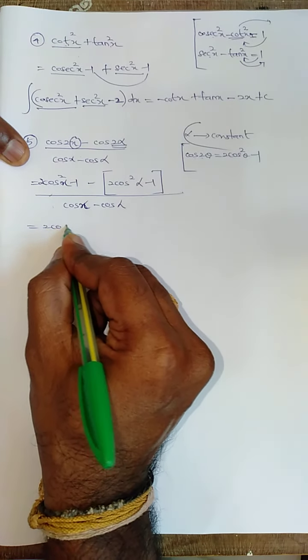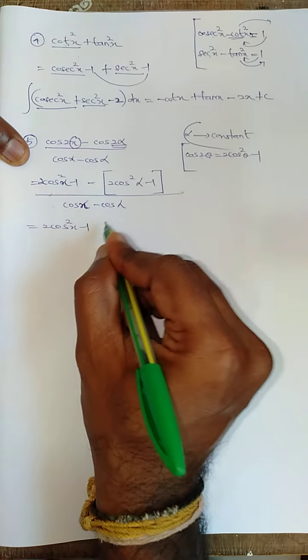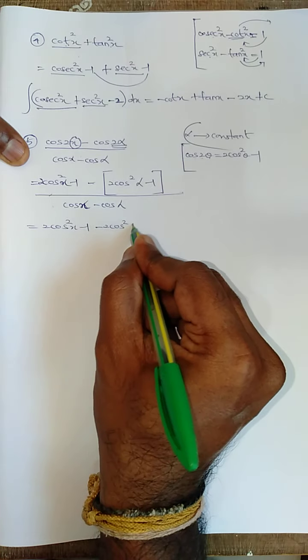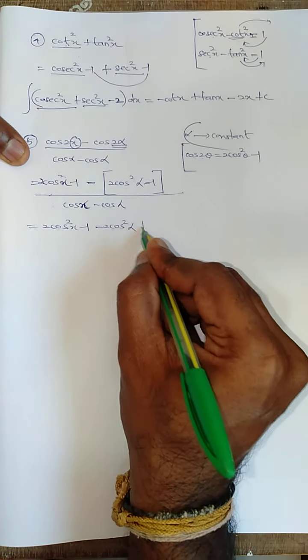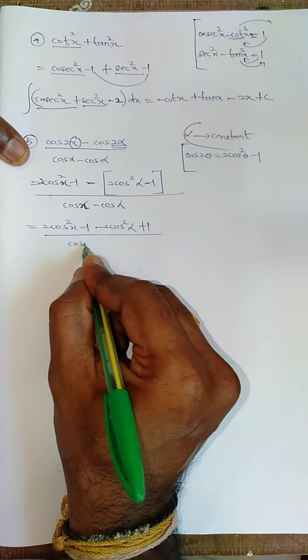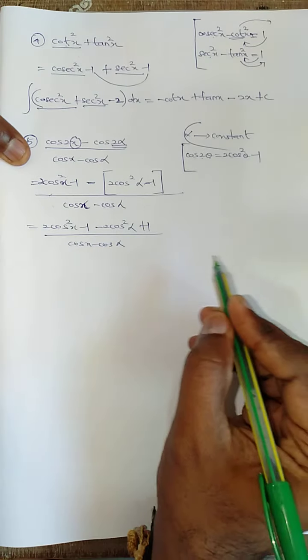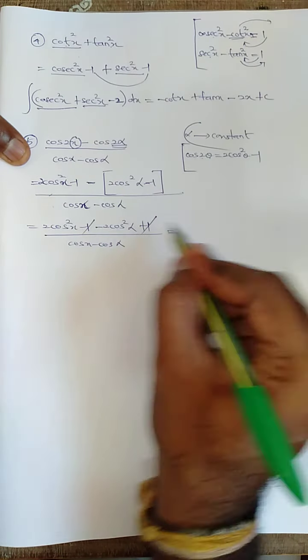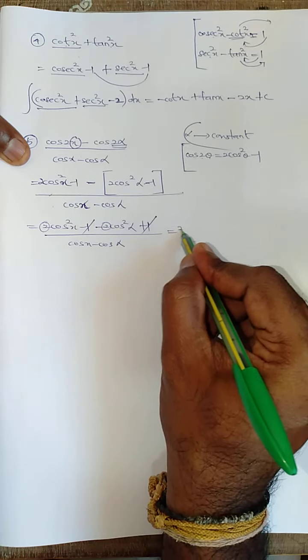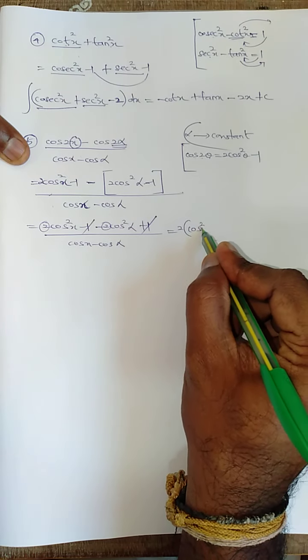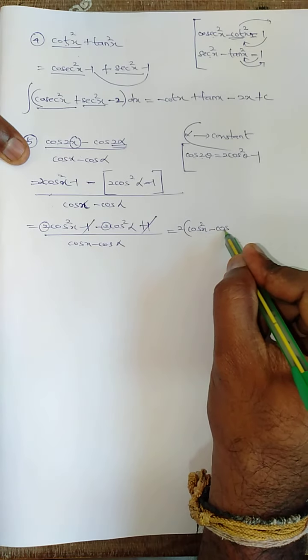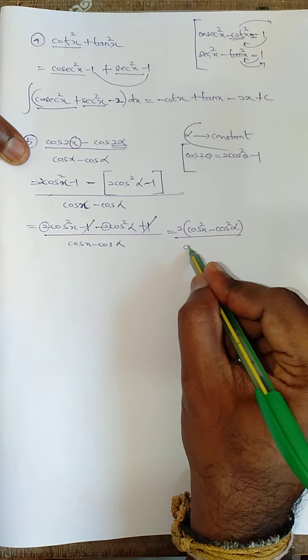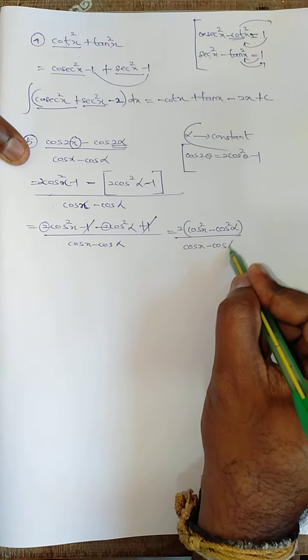So 2 cos square x minus 1, multiply minus inside: minus 2 cos square alpha plus 1, divided by cos x minus cos alpha. So plus 1 minus 1 gets cancelled. 2 is common. Take 2 outside: cos square x minus cos square alpha divided by cos x minus cos alpha.